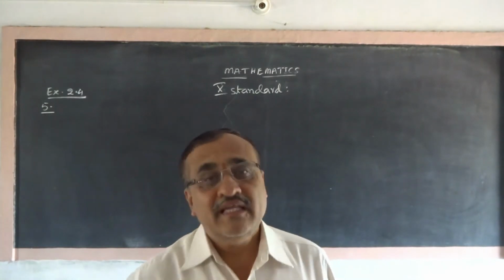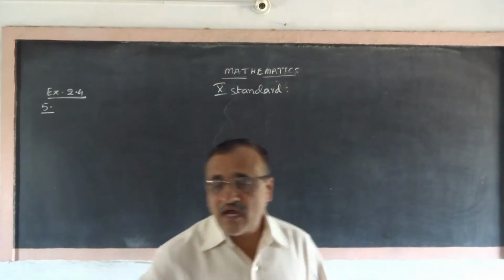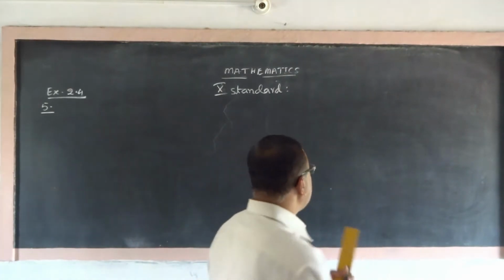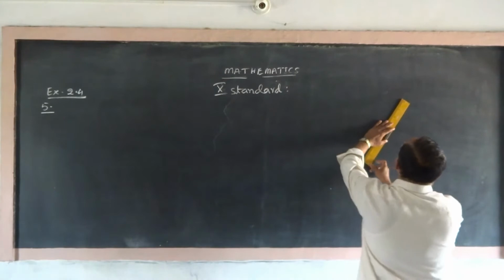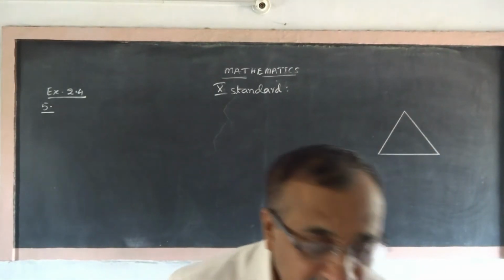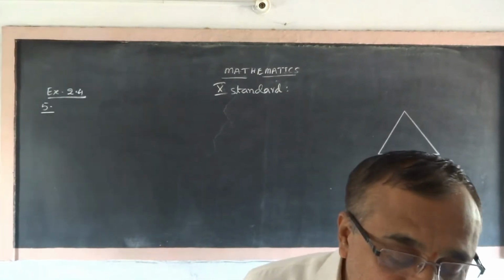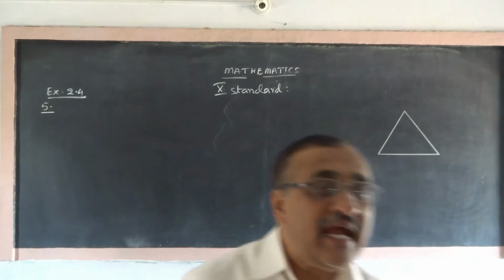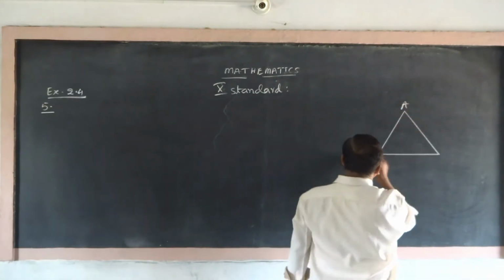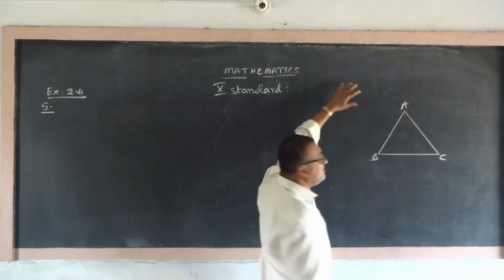Friends, have they given any figure? No. You are required to draw that figure. There is a triangle ABC. Let us take the triangle ABC and go through the problem. D, E and F are respectively the midpoints of AB, BC and CA. This is A, this is B, this is C. Now take the midpoint of AB.